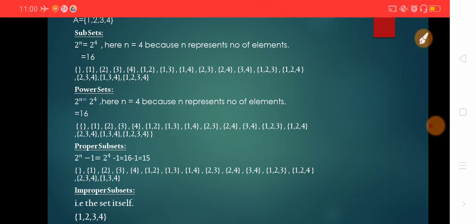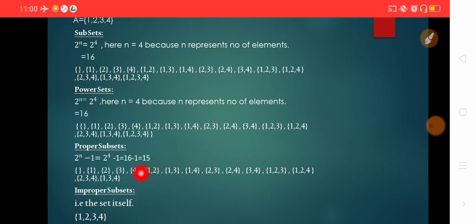Now then we are going to find out the proper subsets. How are we going to find out the proper subsets? First we are going to use the formula 2 power n minus 1. First we find 2 power 4. So 2 power 4 is 16, and then we are going to subtract 1 here. 16 minus 1 is 15.